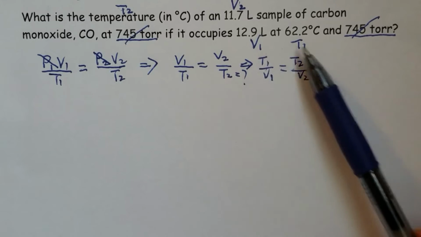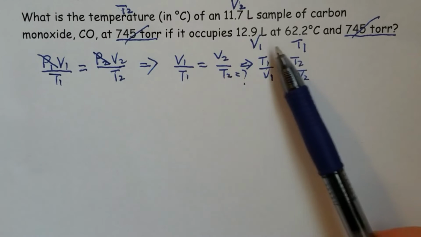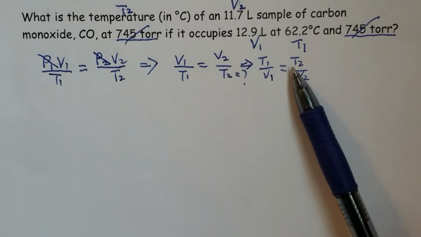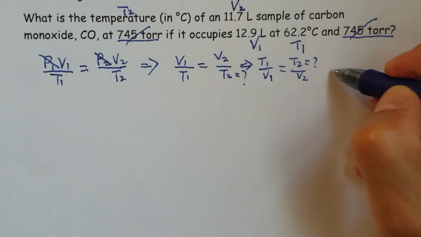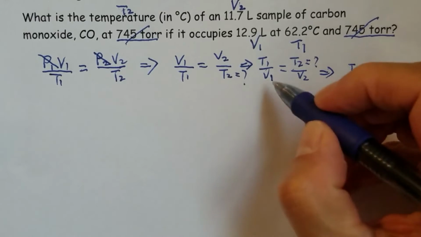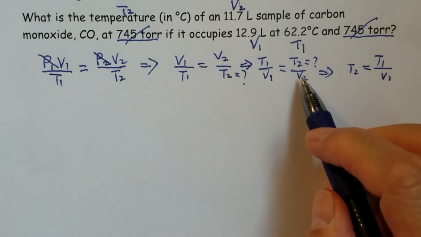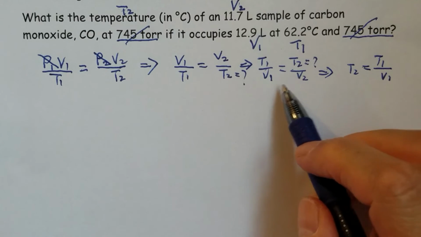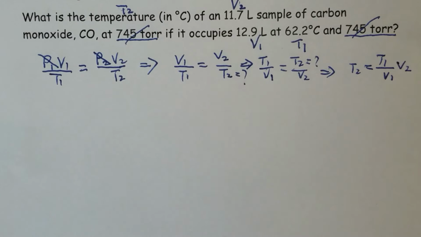So this equation still stands, and now it's easier to find T2. So what is T2? You just move the V2 to the other side, copy T1 over V1, and V2, which was a denominator, becomes a numerator on this side.